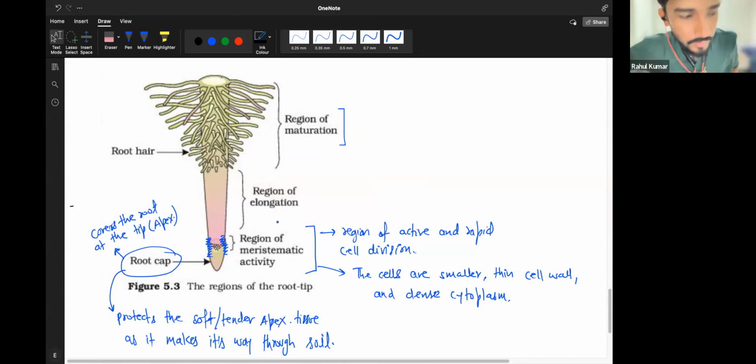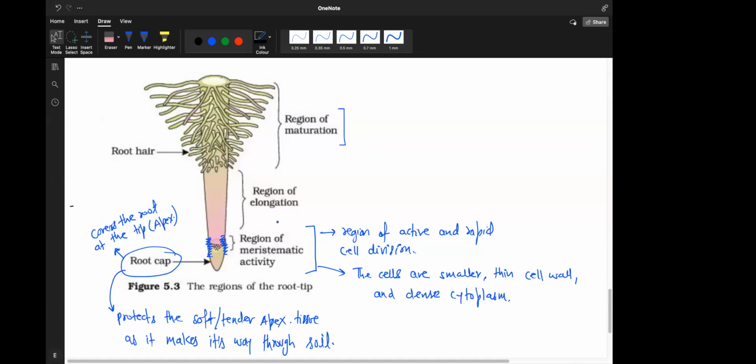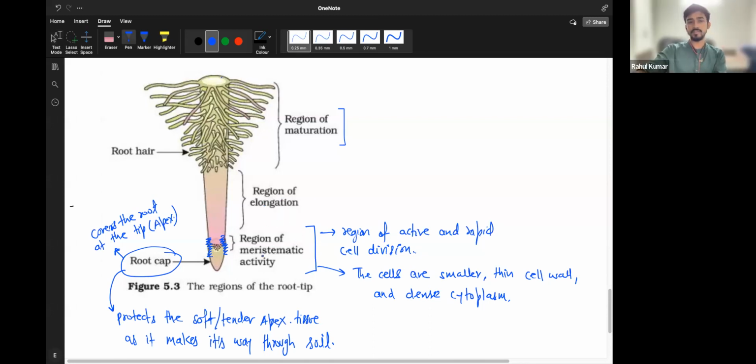Remember, cell cycle. After cell division, cell has to elongate. Yes or no? Yes. So just above the region of meristematic activity is the region of elongation.